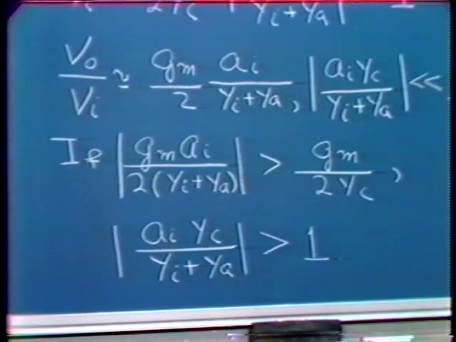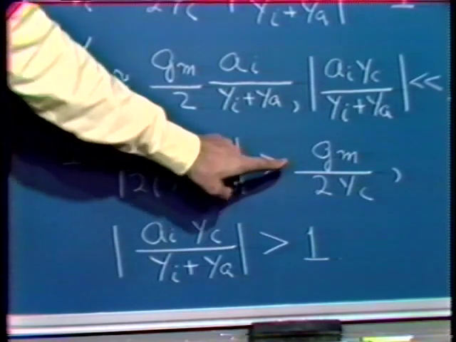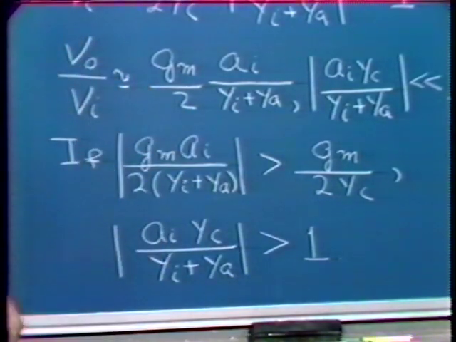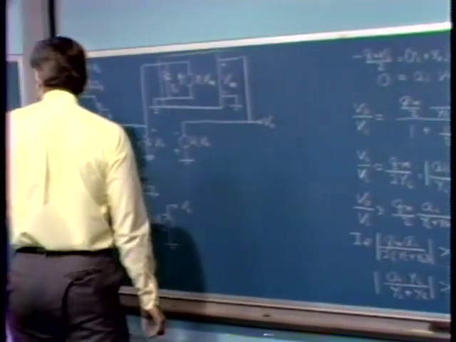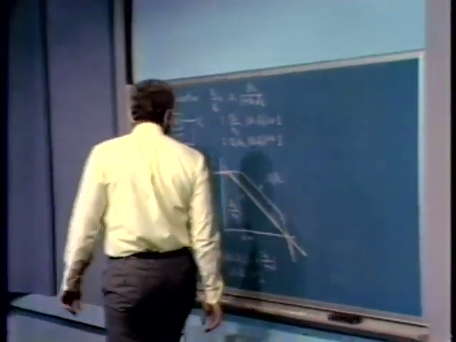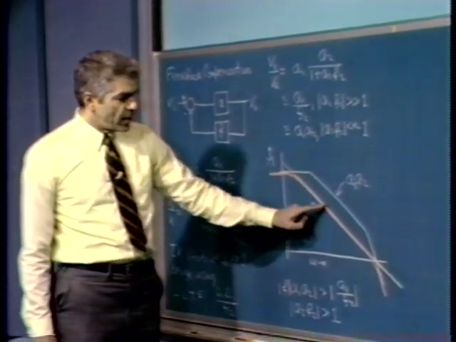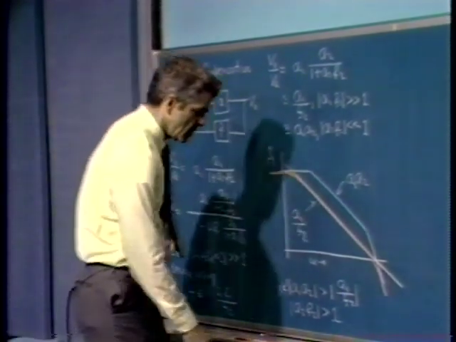If that's true, our earlier approximation tells us that we use this as our estimate of the open loop transfer function of the amplifier. It's exactly the sort of thing that we did over here. In this case, this curve would be GM over 2Y sub C.